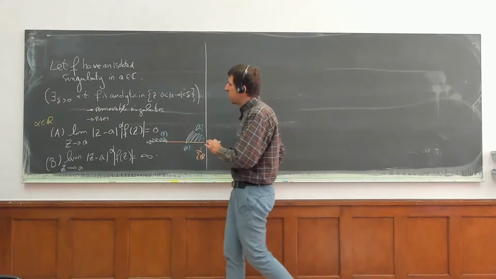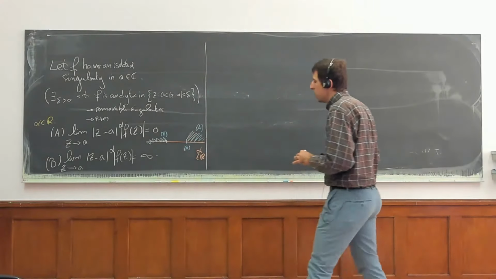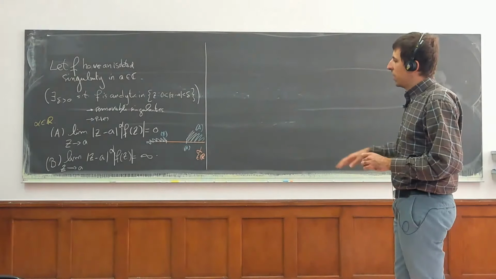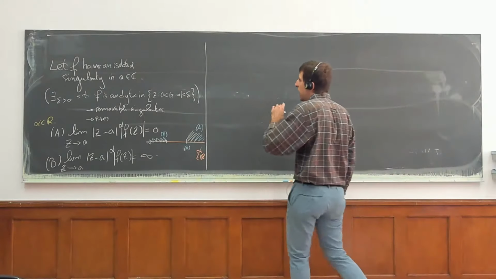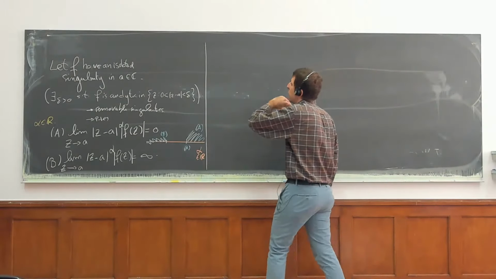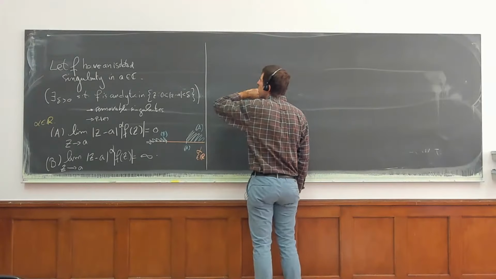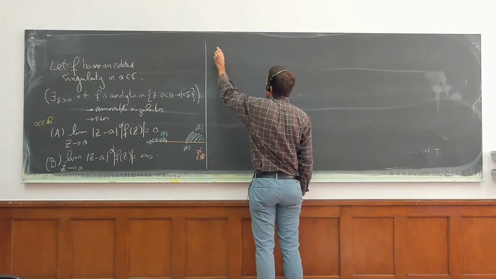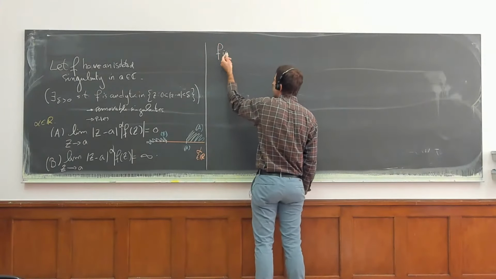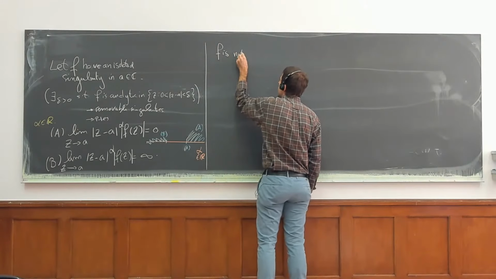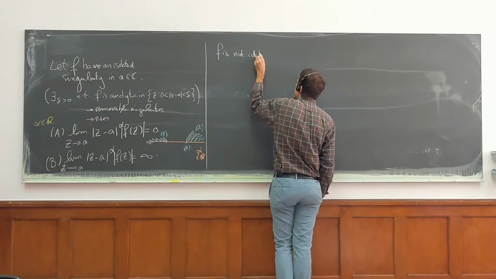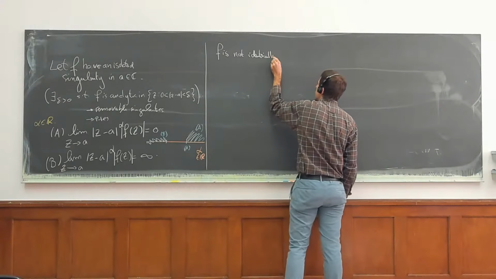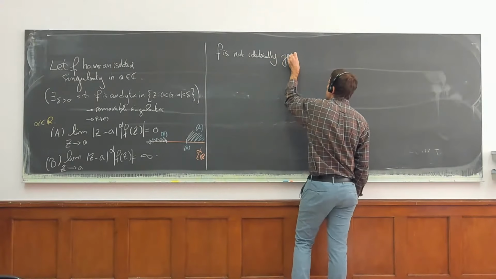And so what we're going to do is a sort of trichotomy of what can happen for a function. Again, let f have an isolated singularity at A. To keep things interesting, let's say f is not identically 0, because when f is identically 0, things are not terribly interesting.